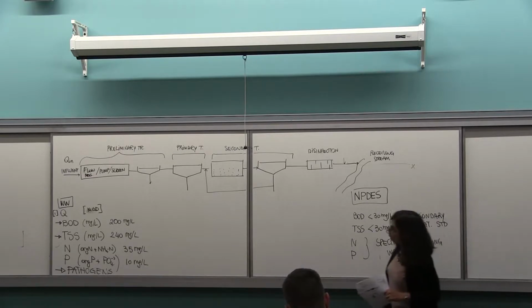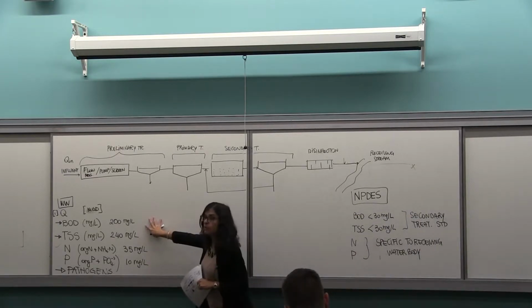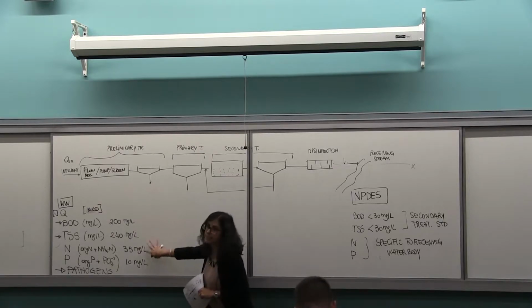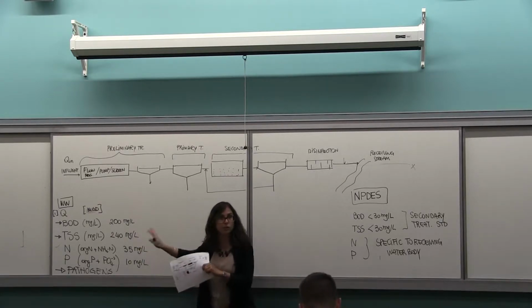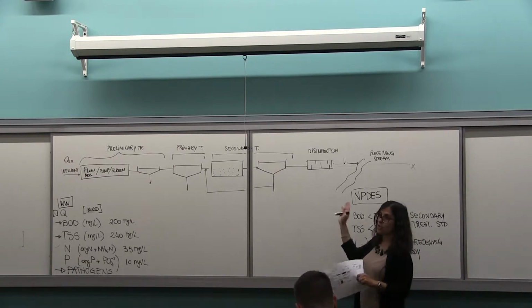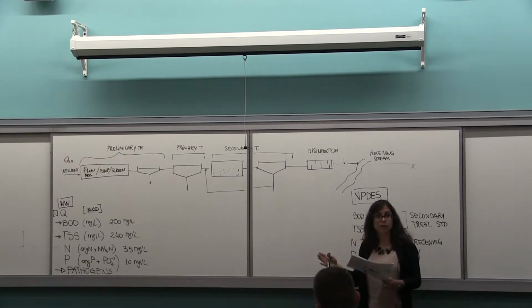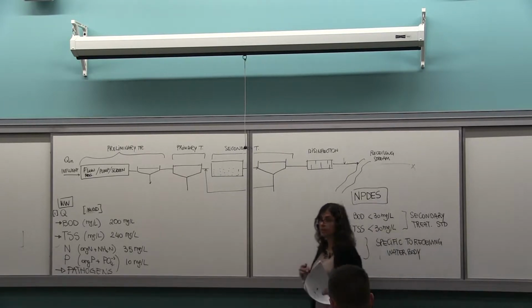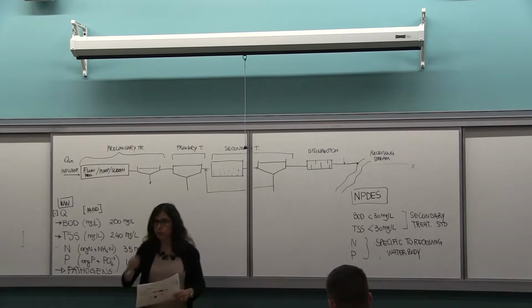How do we go from this BOD value, this organic loading and solid loading, and this nitrogen and phosphorus loading, if we're doing advanced treatment, to these values? Well, at a wastewater treatment plant, we do various treatments, physical, chemical, biological, that reduce those loads.